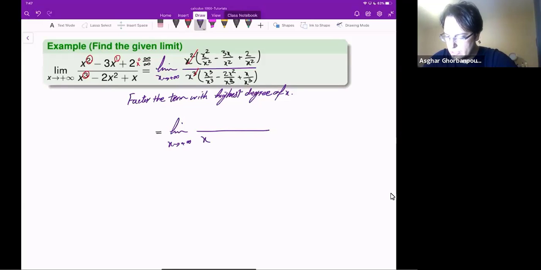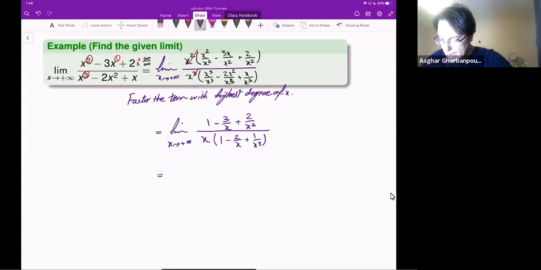This part will be 1, the other one is 3 over x, and the other one is 2 over x squared. Here in the denominator, I have 1 minus 2 over x plus 1 over x cubed.